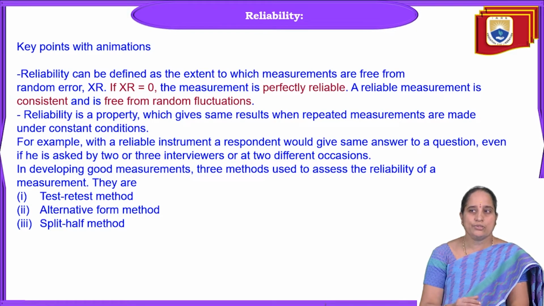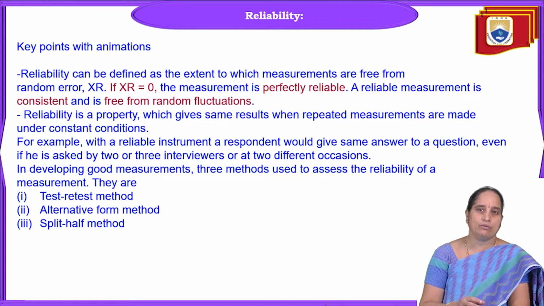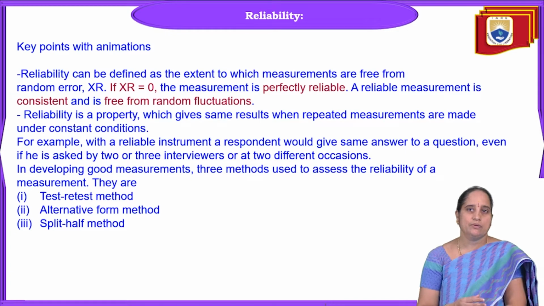Random fluctuations are things that happen all of a sudden, unknowingly, such as natural calamities, famine and earthquakes, which show their impact on business organizations.